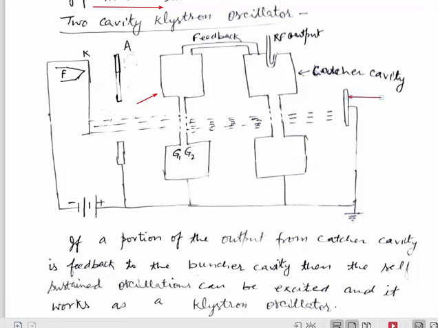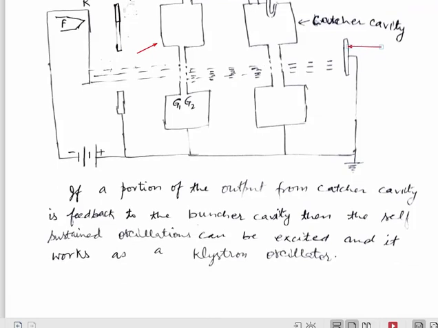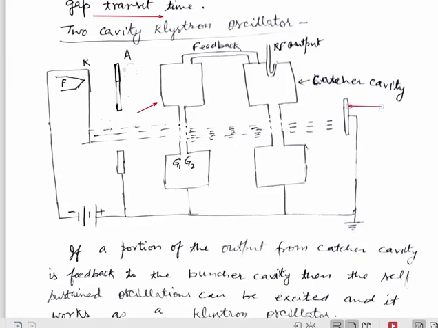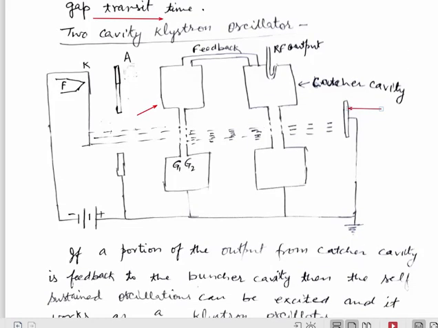The distance between the two cavities is maintained in such a way that there will be a positive feedback and the Barkhausen conditions for self-sustained and self-excited oscillations may be achieved. So, in this way, the two cavity klystron can also act as a two cavity klystron oscillator.